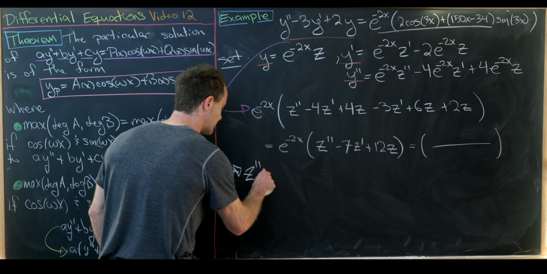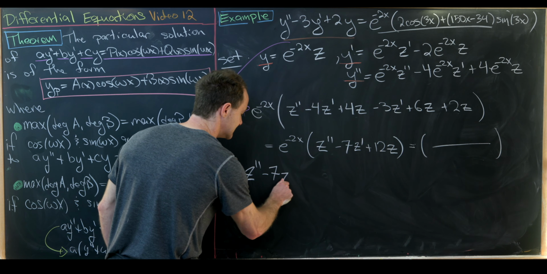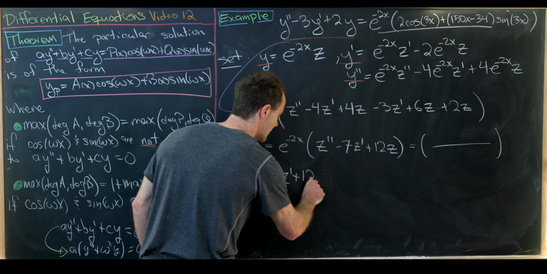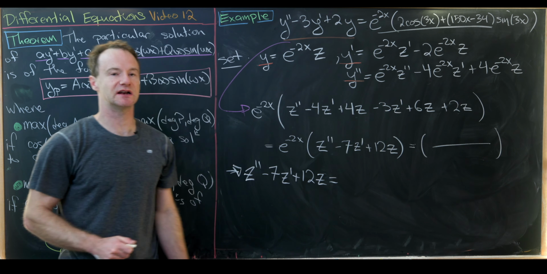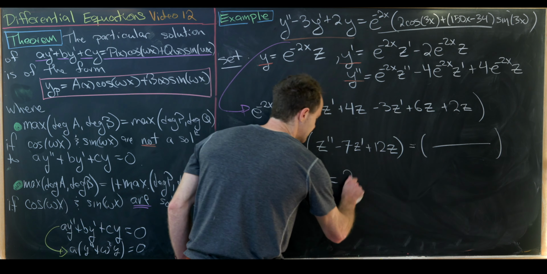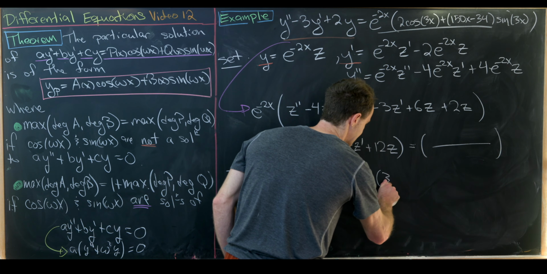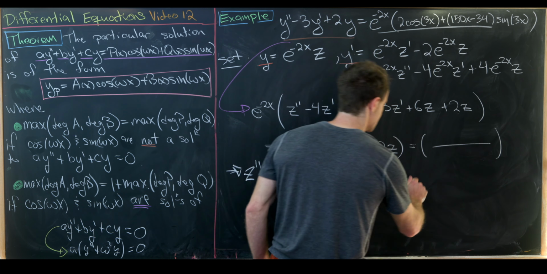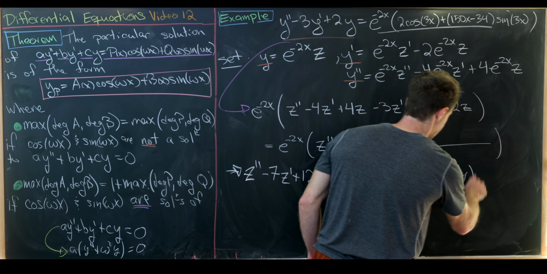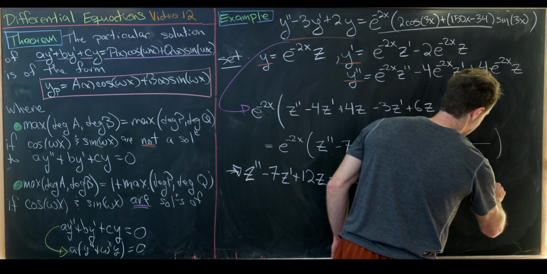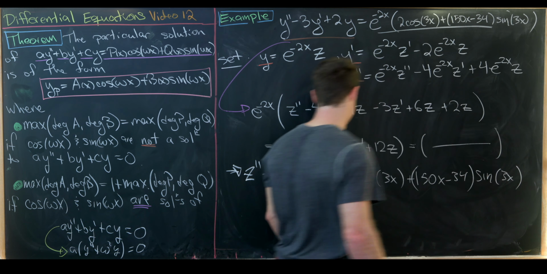So we have z double prime minus 7z prime plus 12z is just equal to the polynomial trigonometric part. So that'll be 2 cosine of 3x, and then plus 150x minus 34 times sine of 3x.